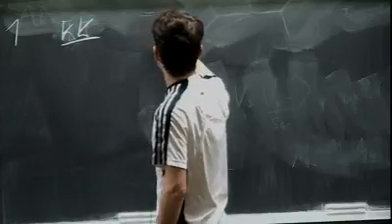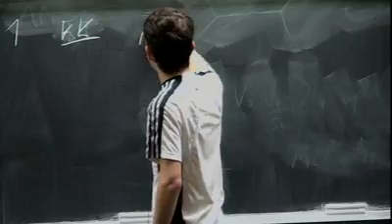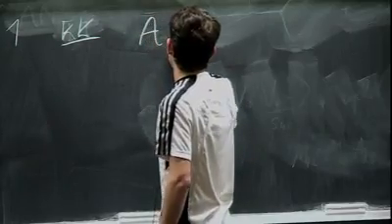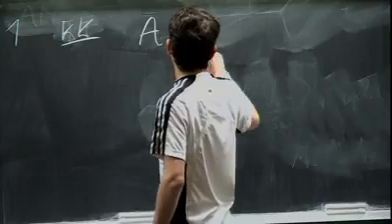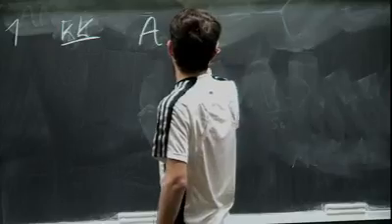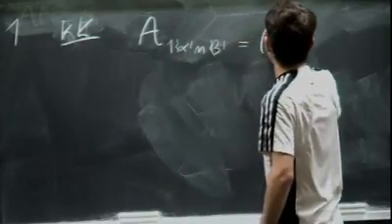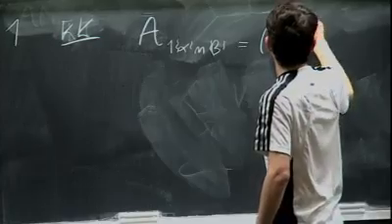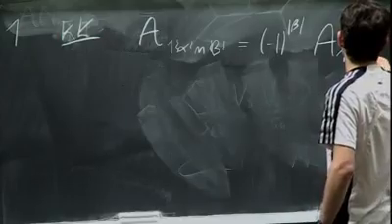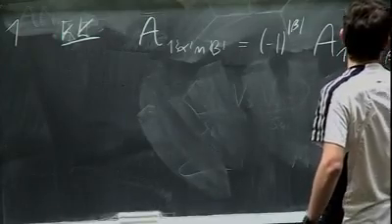And the Kleiss-Kuijf relation is: A(1, alpha, n, beta) equals minus A(1, alpha shuffle beta transpose, n).